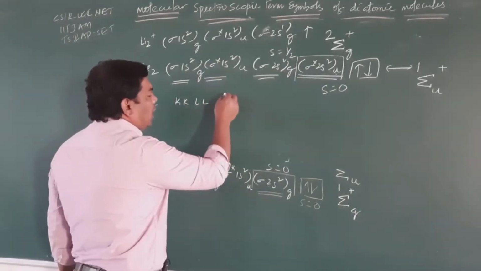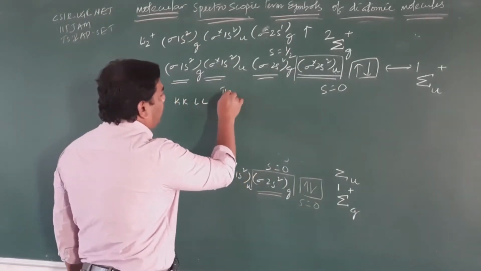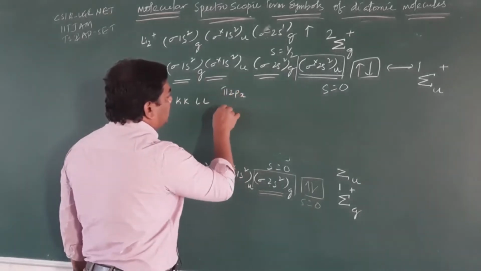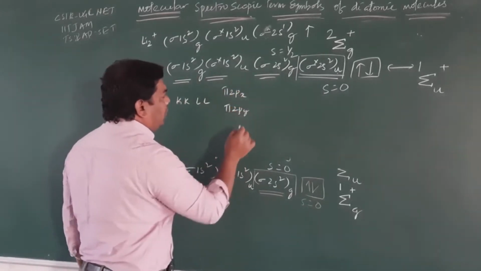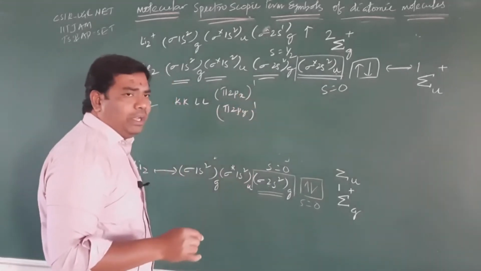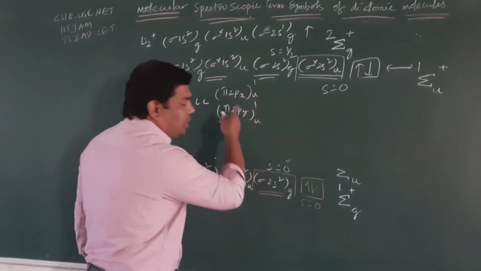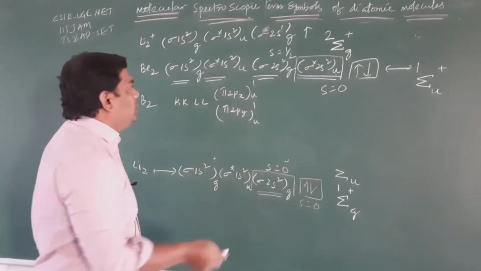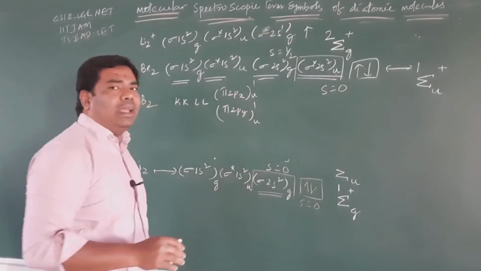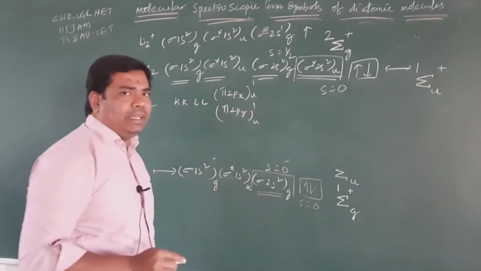According to the up to 14 electron system, here it is pi 2px1 and pi 2py1. Here it is ungerade, because these p orbitals do not have a center of inversion, so an ungerade center is present.